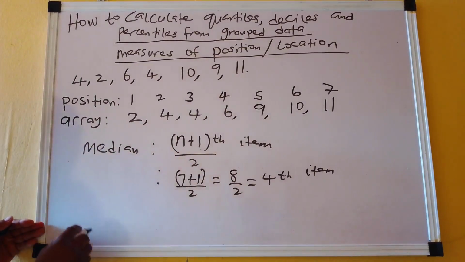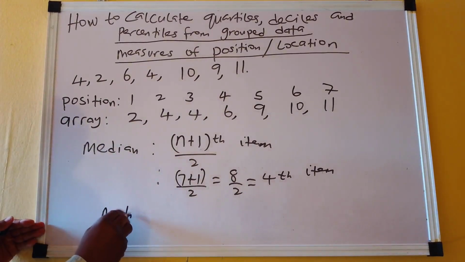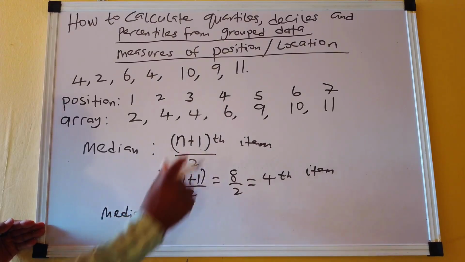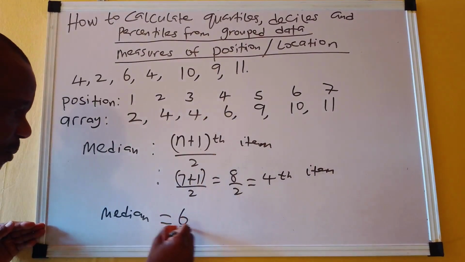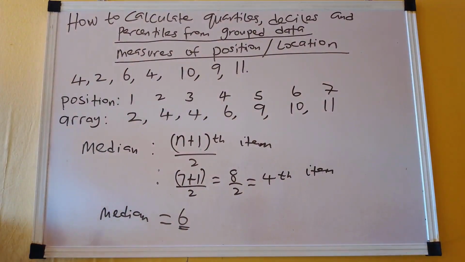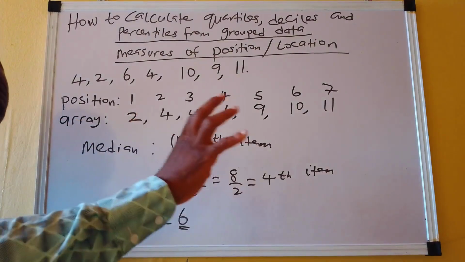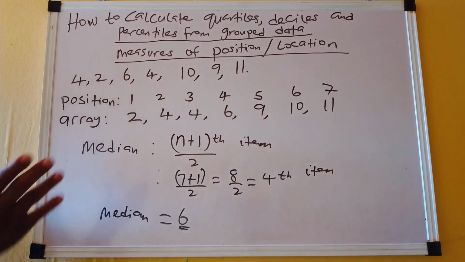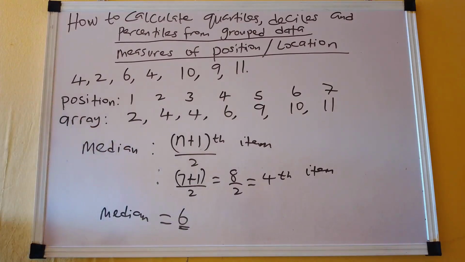By implication, the median is equal to 6. So the median, though a measure of central tendency, is also a measure of location or position. It has divided the data set into 2 equal parts.